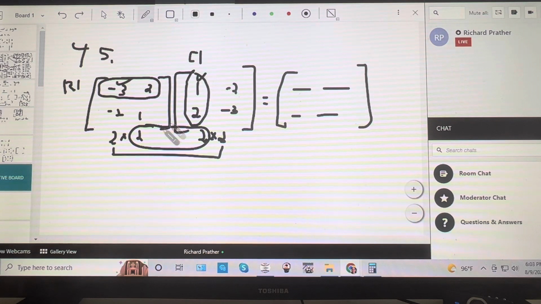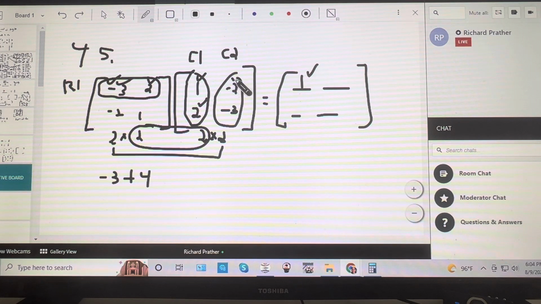Negative 3 times 1 is negative 3, plus, slide and drop, 2 times 2 is 4. Negative 3 plus 4 is 1, so far so good. Now do row 1 with column 2.